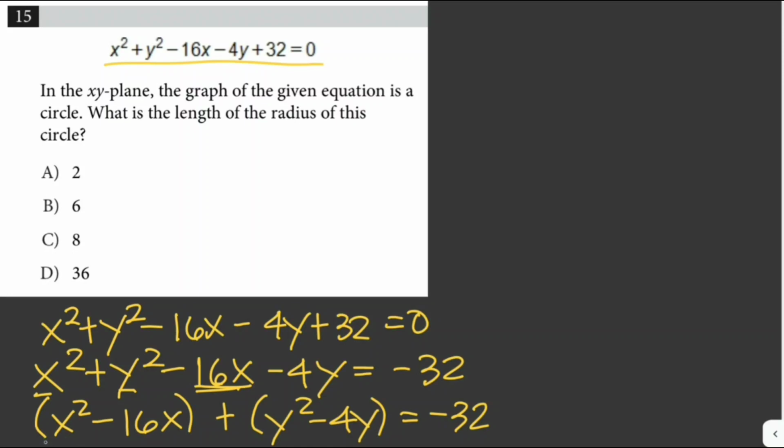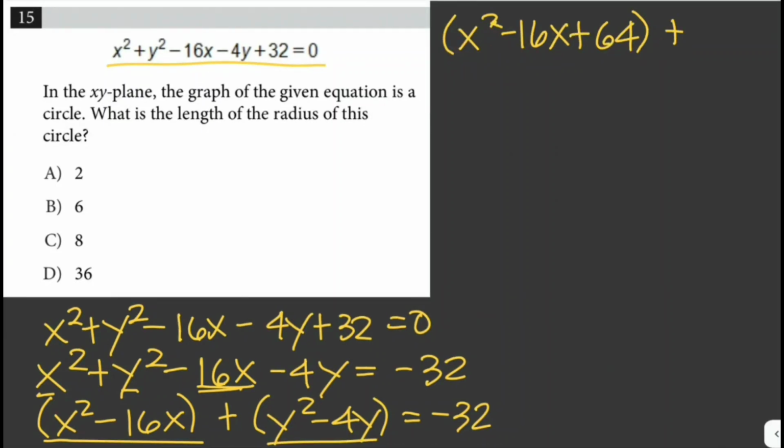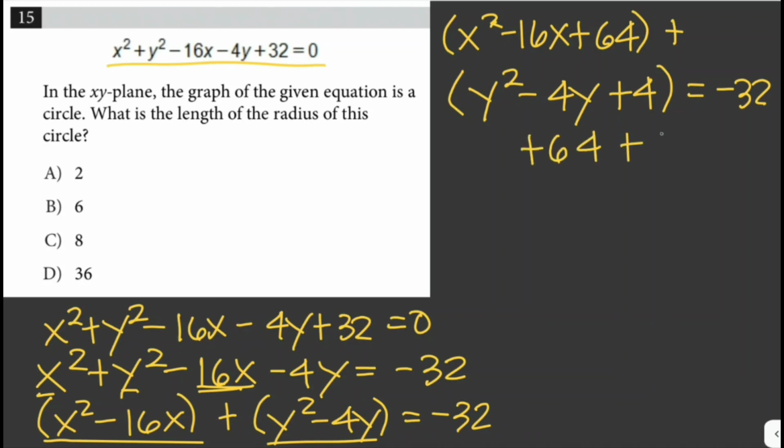And now we can complete the square. We can write this as x squared minus 16x plus 64, plus y squared minus 4y plus 4, equals negative 32 plus 64 plus 4.